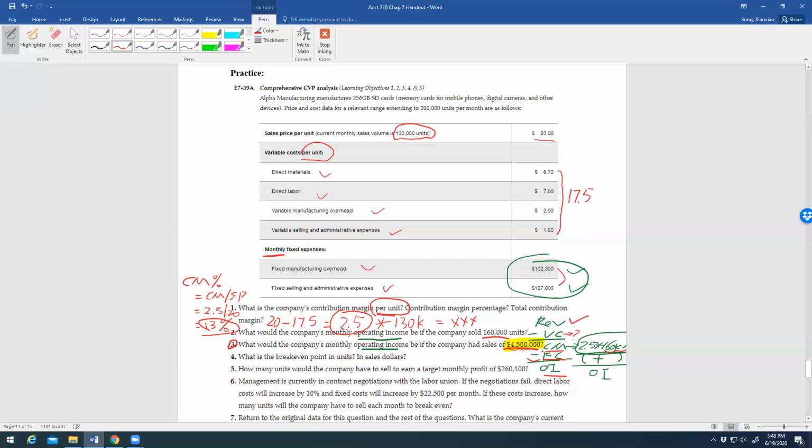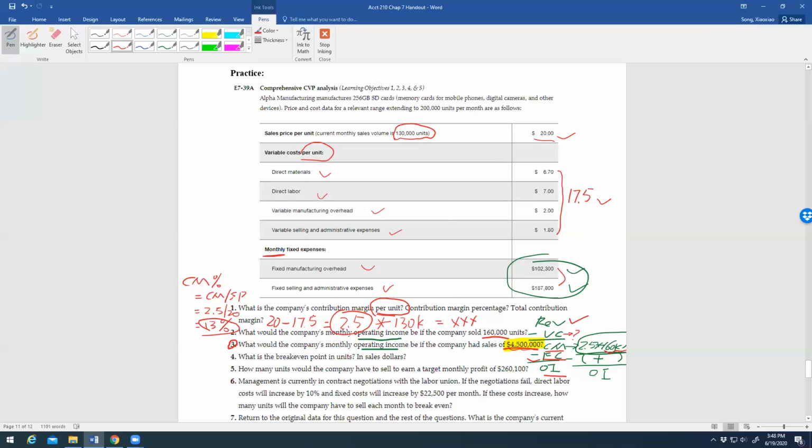If you do this, you will get contribution margin, you minus all the fixed cost, you get your new operating income. What I'm trying to tell you here is, our selling price is fixed, each one variable cost is also 17.5, each one contribution margin is 2.5. But the units will be different.